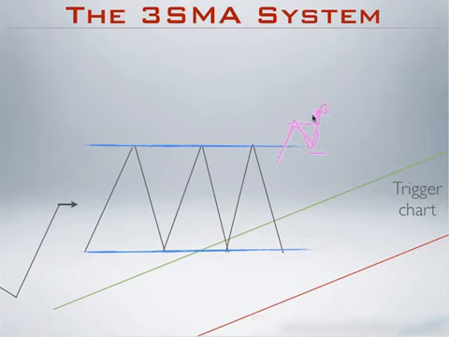There are three phases, three steps, on this pattern. We have the initial breakout, we have the pullback, and then the continuation. The continuation is what gets us into the trade just above the initial breakout thrust, and the pullback is what gives us the stop loss location.